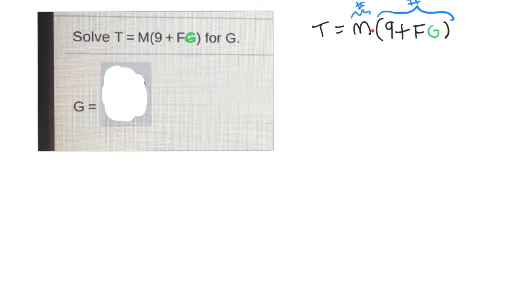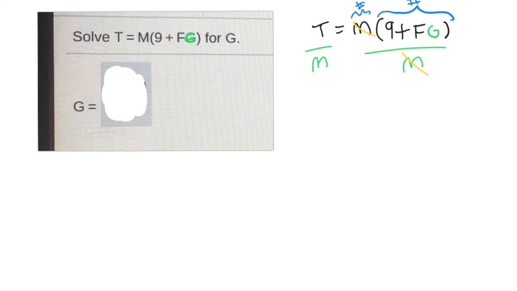There's a little invisible multiplication symbol in there. So that means we can get rid of the m right now by doing the inverse operation, by dividing everything by m. Cancel, cancel, yay.